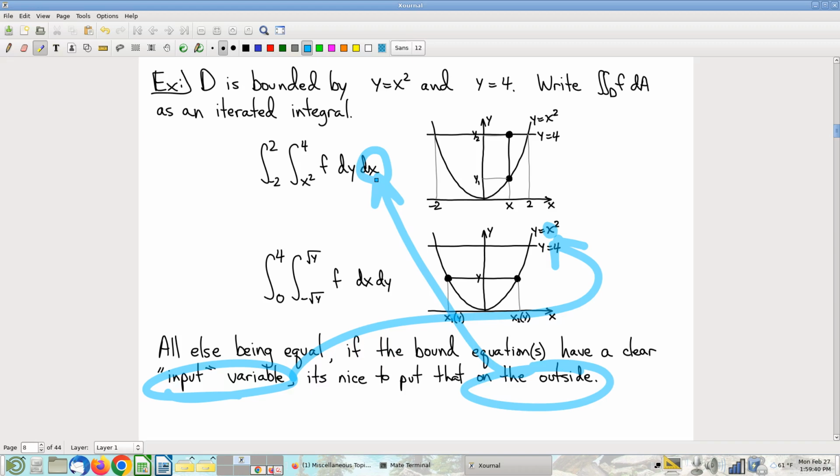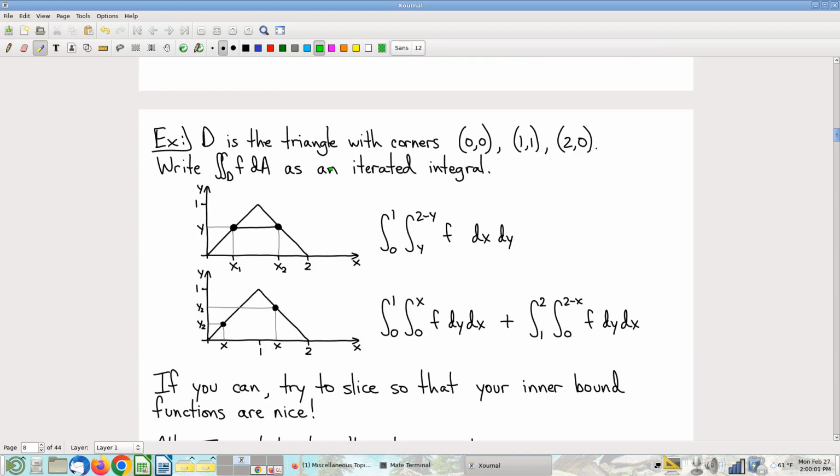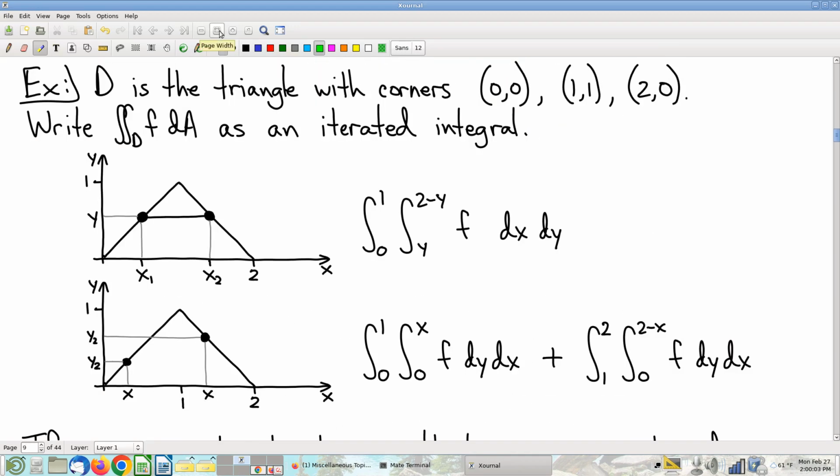Said differently, whichever variable you view as being an output variable, it makes sense to put that on the inside. Everybody happy with that? It's just a strategy. Far more often than not, this will make a good choice for you. Okay. Here's another example.